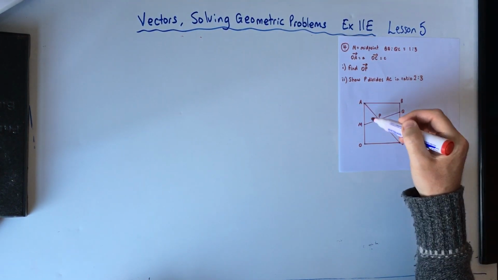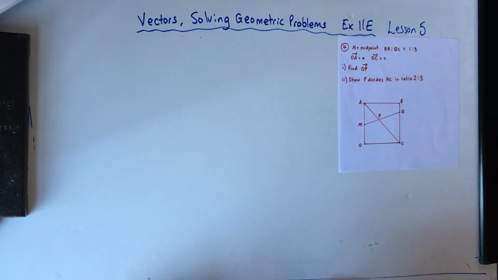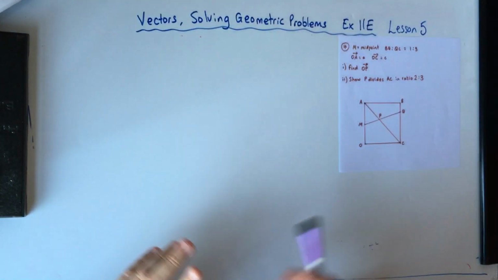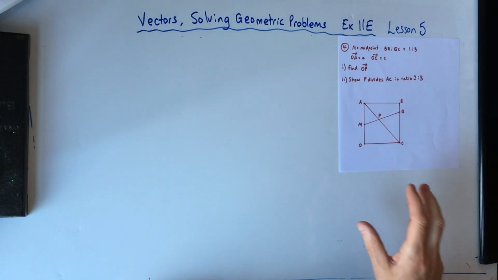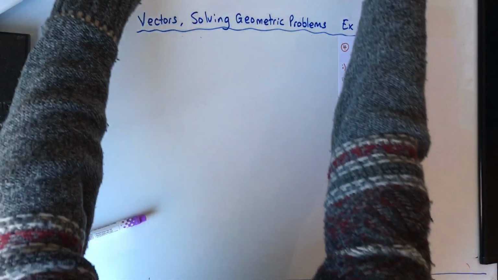This is a square here, so this is a similar triangle to that there rotated round. So you can, a little bit more complicated, but you can do it a lot easier and quicker using similar triangles than the way that I'm going to do it. It's not the way that the book wants you to do it. The book wants you to do it like I did the last one, using pure vectors.